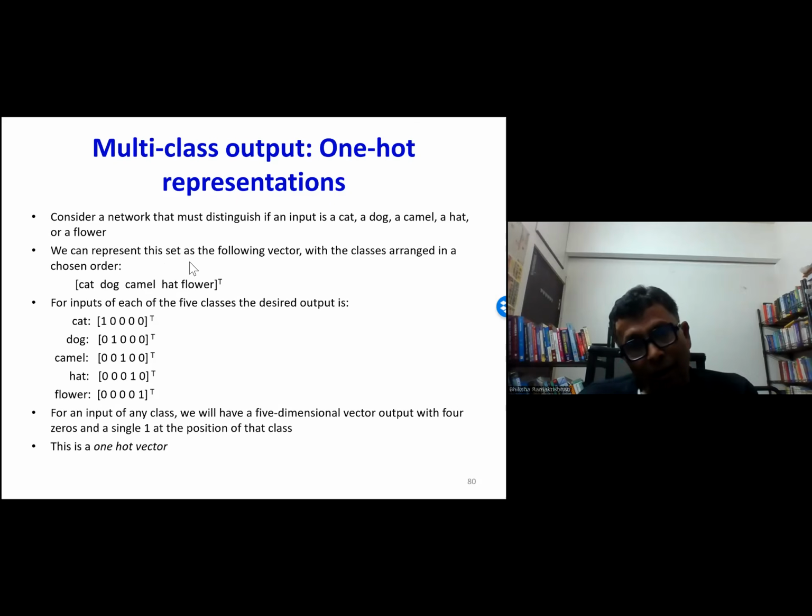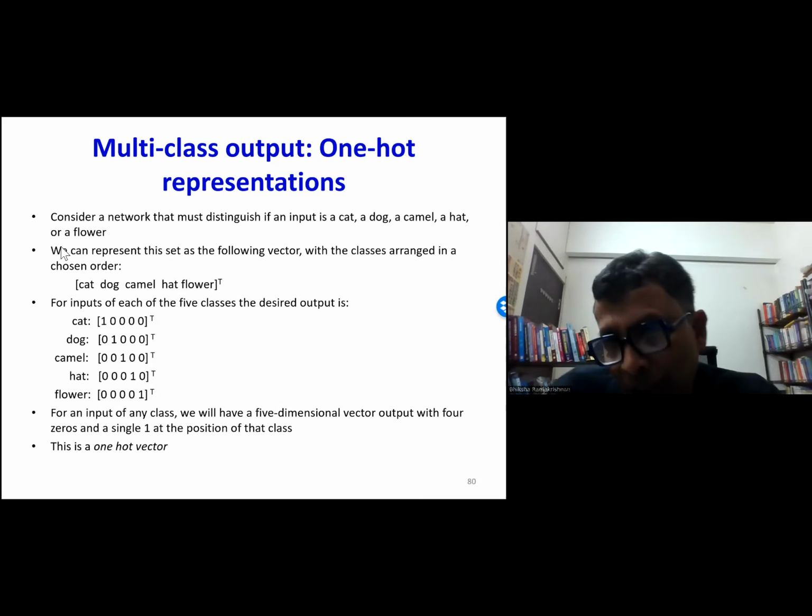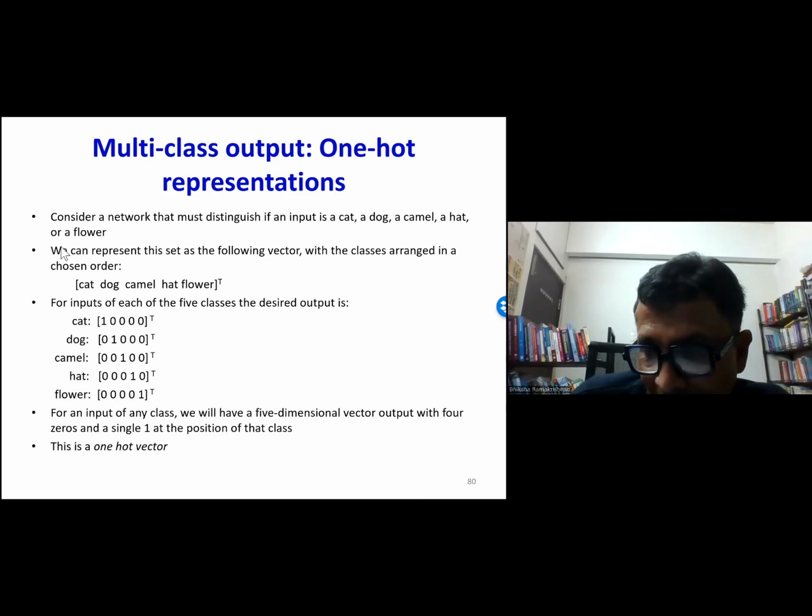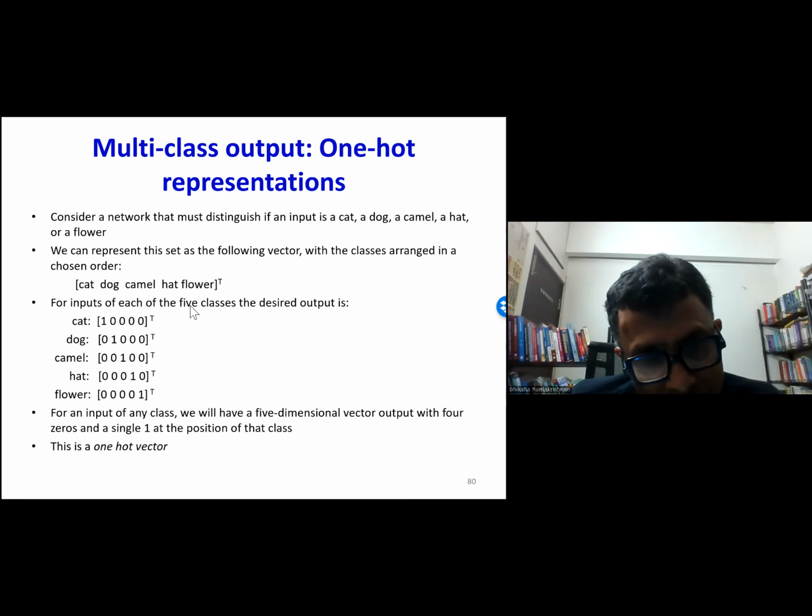So why not use 1, 2, 3, n? The problem is, if you want to generate a real valued output, then what is 3.7? We wouldn't know, right? So this is a way of identifying every individual class.